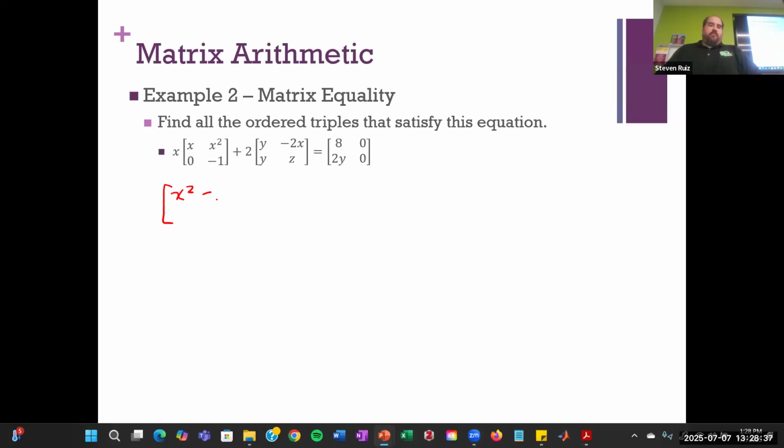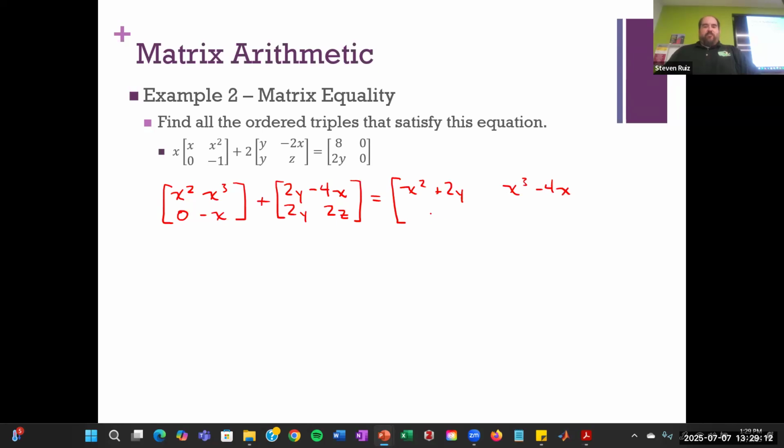Okay. All right, if I add those together, I get x squared plus 2y, x cubed minus 4x, 2y, minus x plus 2z.